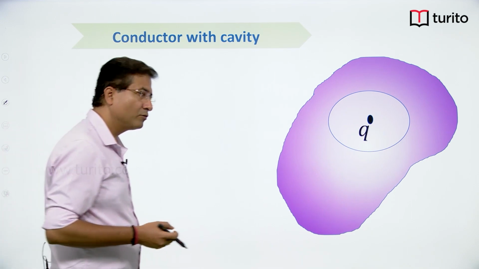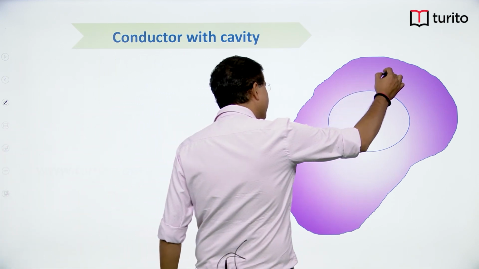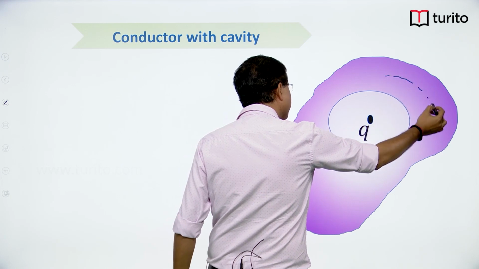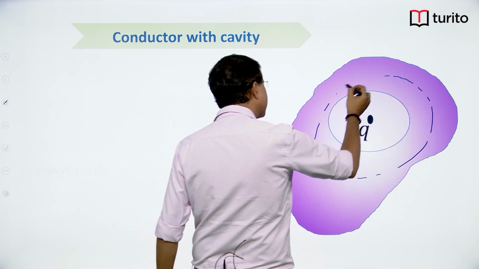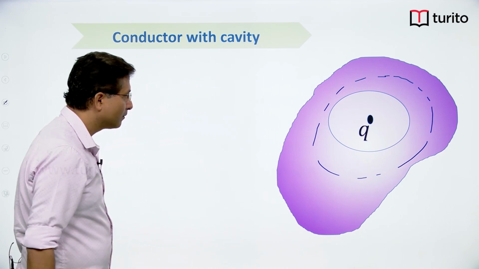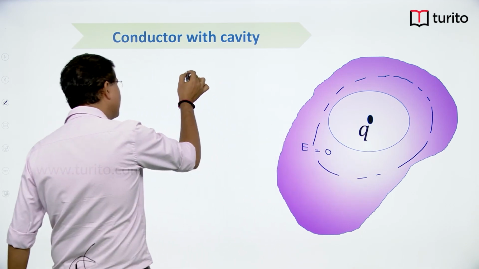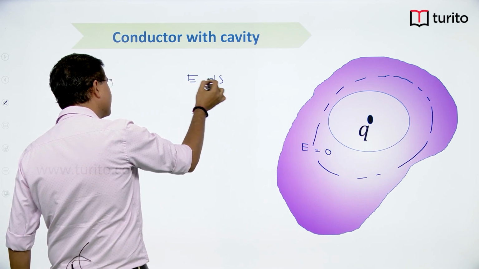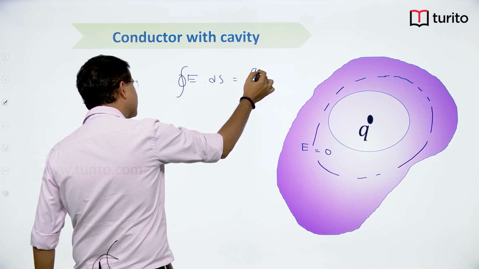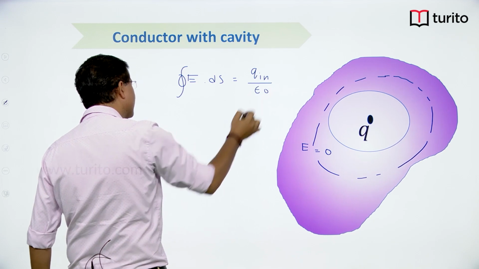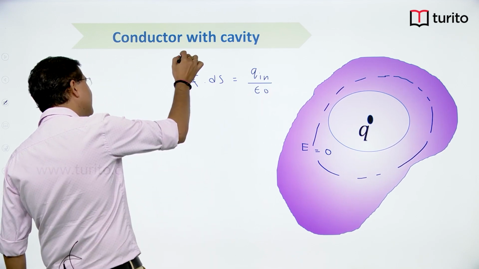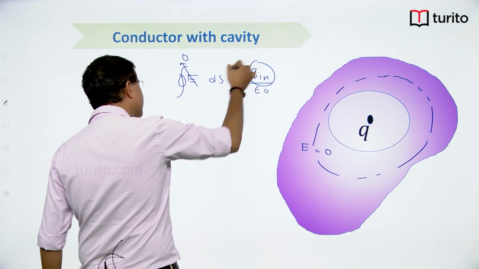So when you place the charge here, again when I draw the Gaussian surface this way, the same logic I can extend here. Electric field everywhere is 0, so the closed integral of E dot dS is q in divided by epsilon naught, and as electric field is 0 everywhere, the net charge coming inside has to be 0.